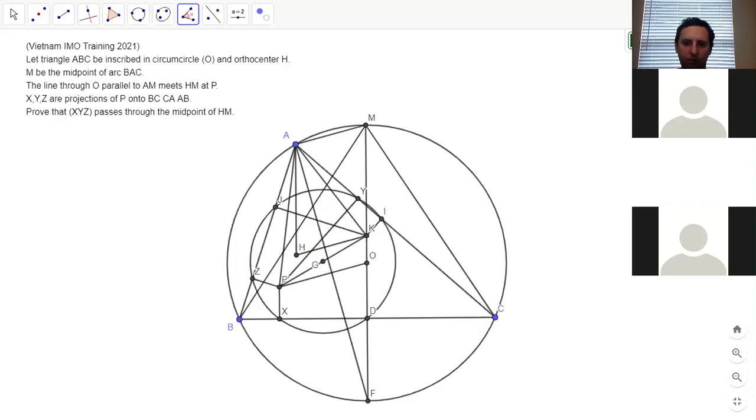I'm not sure. Let's see. So we want to show AH, P prime is defined to be the isogonal conjugate of K. So can we show AH over AK is AO over AP prime?